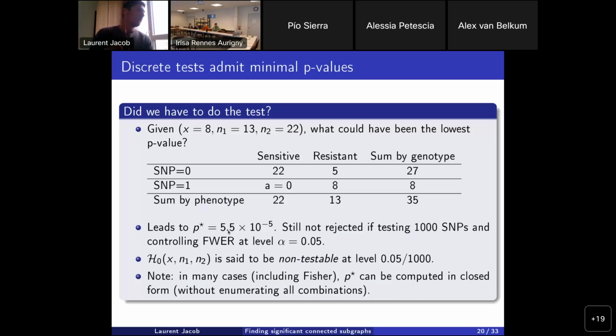In this framework, we say that the hypothesis is non-testable at this level of 0.05 divided by 1000. Here I just wrote all the possible values, but in many cases, including the Fisher test, we can compute this minimal p-value in closed form. We don't have to enumerate all the combinations.